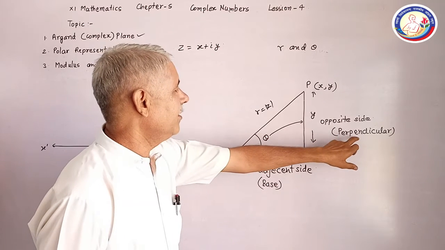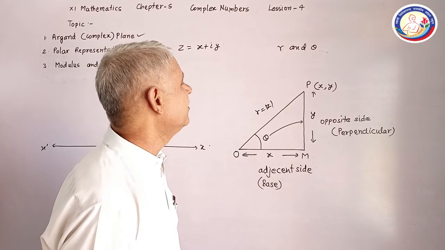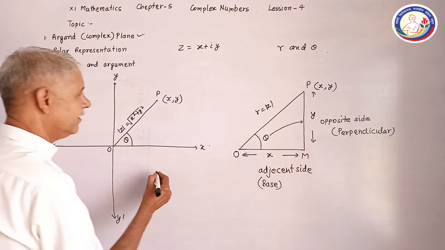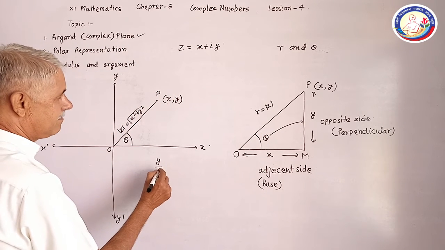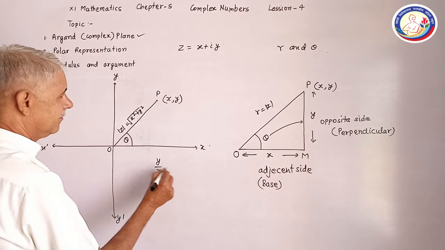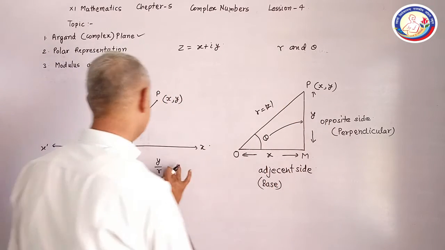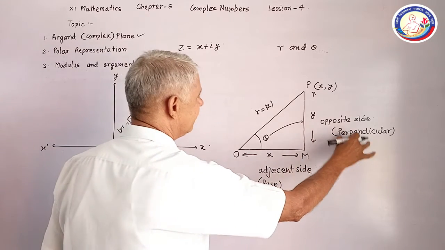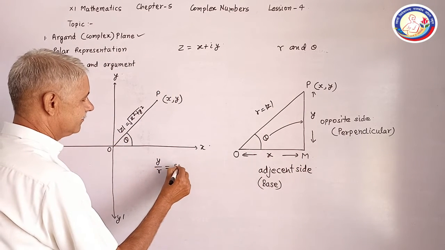This is perpendicular upon hypotenuse and that is sine theta. So we can write here y upon r. This is perpendicular and this is hypotenuse, perpendicular upon hypotenuse. That will give us sine theta.